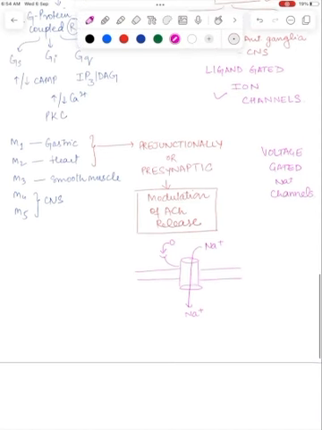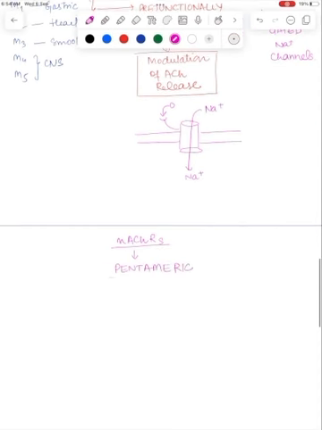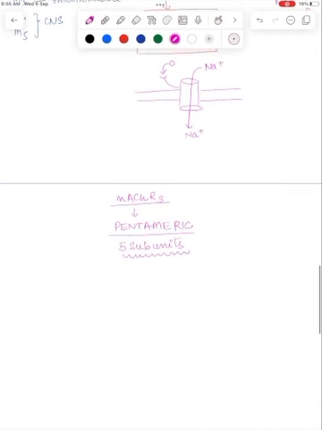Now, nicotinic acetylcholine receptors are described to be pentameric, which means that they are composed of 5 subunits. So 4 of the subunits are going to be common in the 2 different types of nicotinic acetylcholine receptors that we are going to talk about.